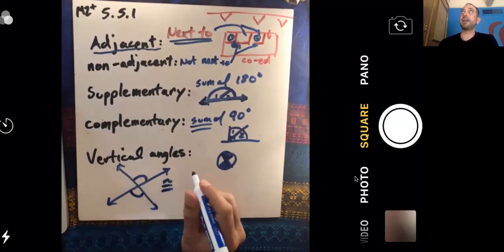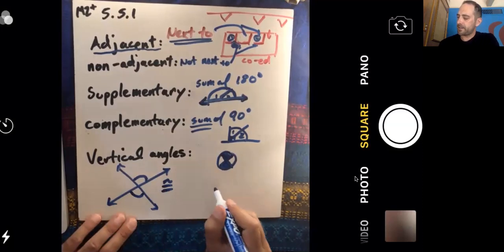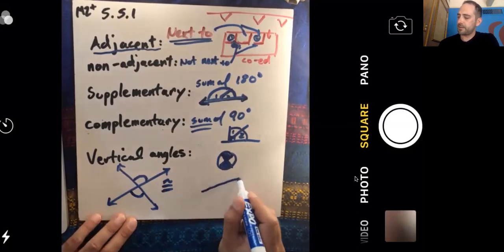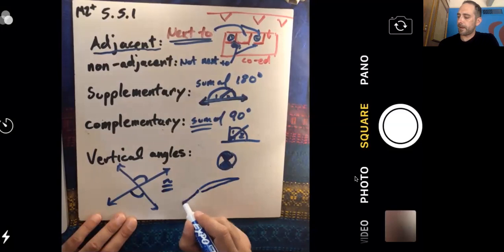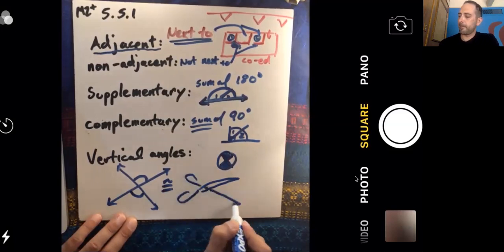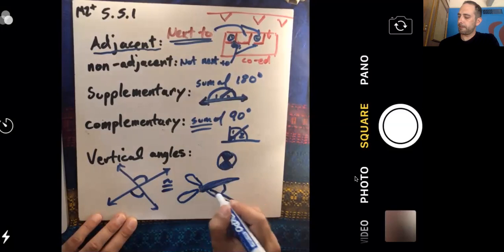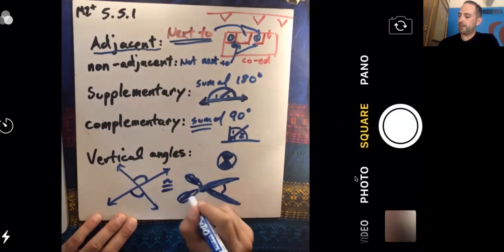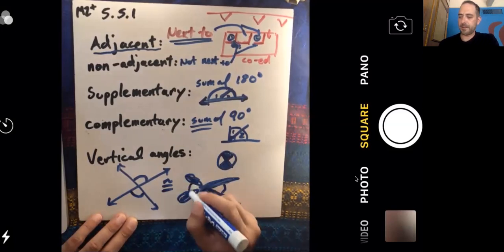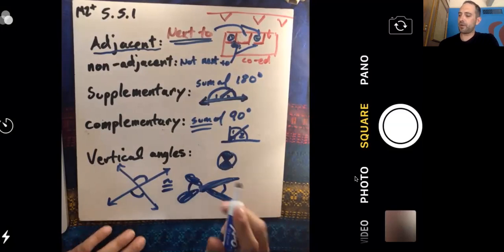You could think of it like if you open up a pair of scissors. The angle that you open the scissors over here is going to be the exact same as the angle on the other side, as the handles. So vertical angles are congruent.